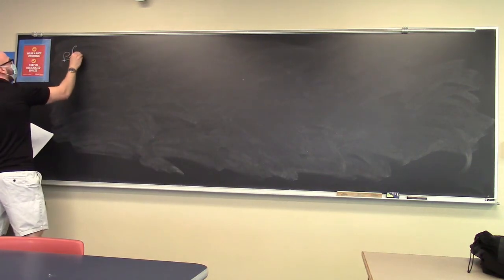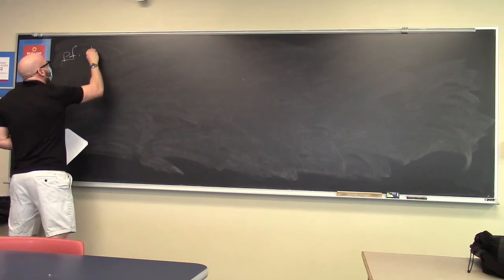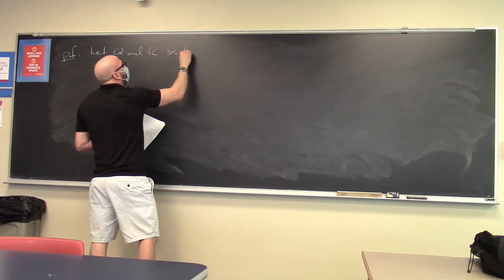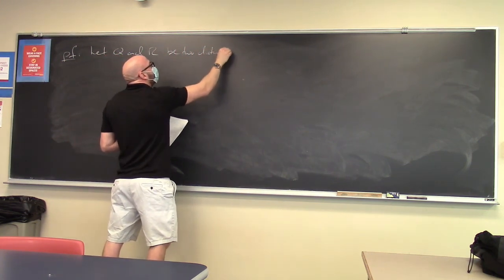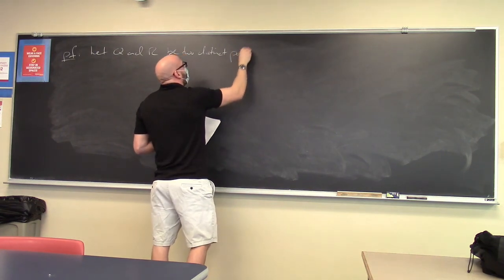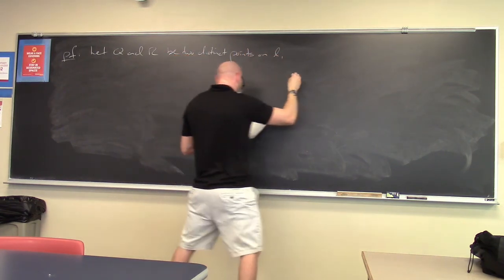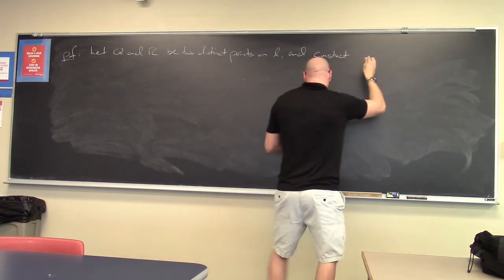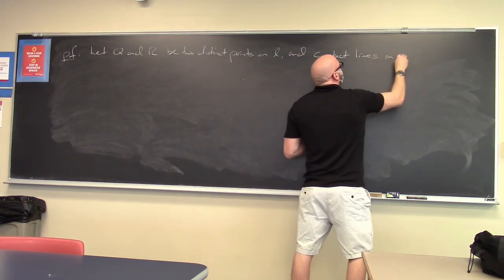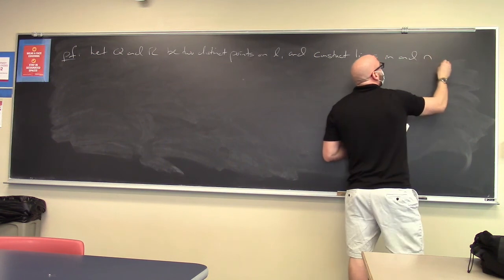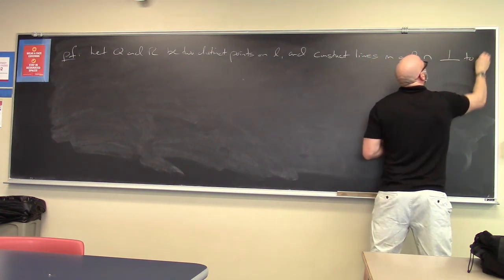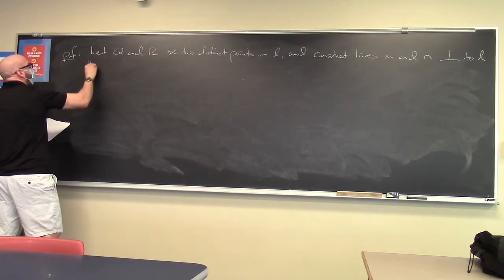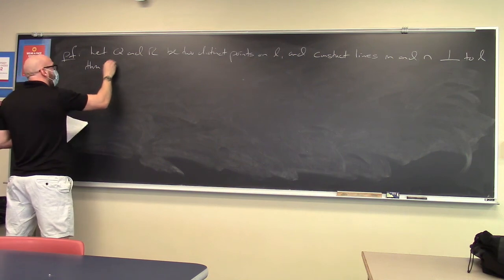So let Q and R be any two distinct points on L. And let's construct lines M and N perpendicular to L through Q and R respectively.